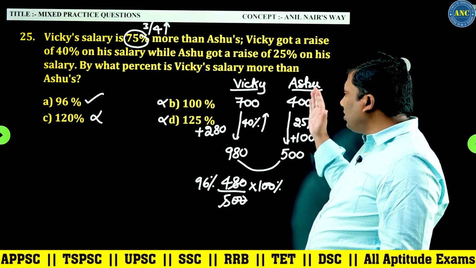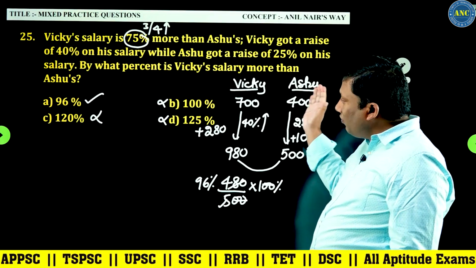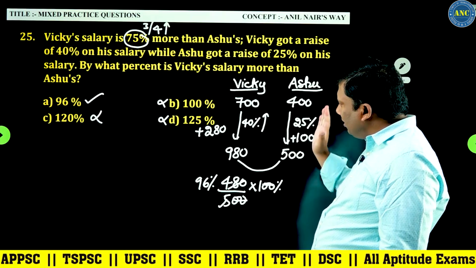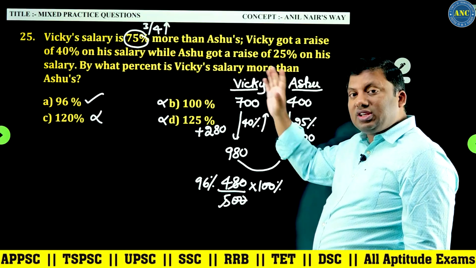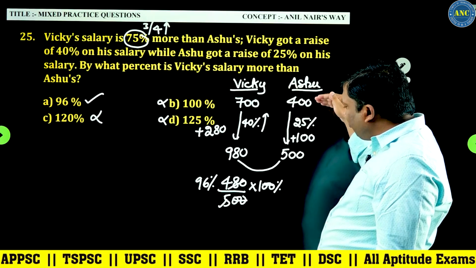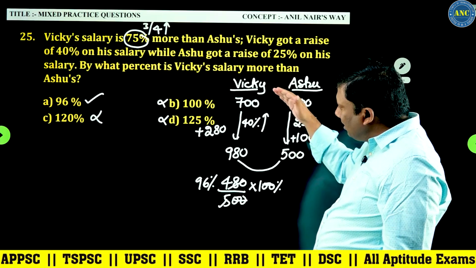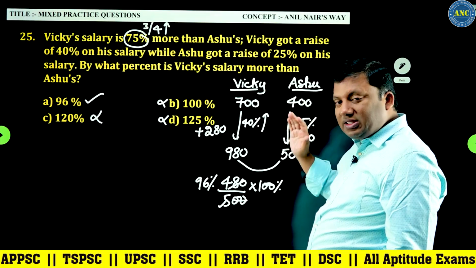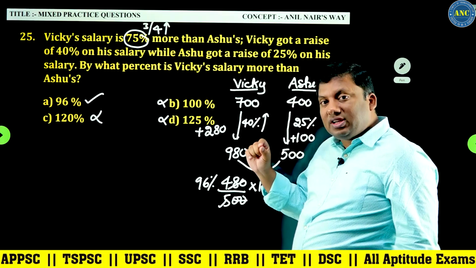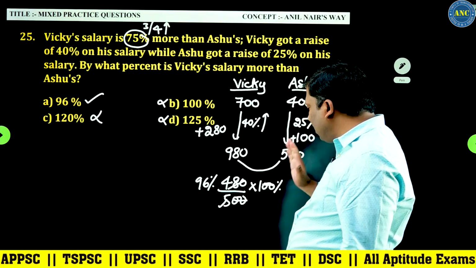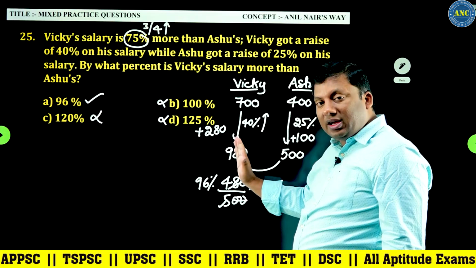Right? Ashu's salary is 400. Vicky's salary is 300 more than 400, because it is 3 by 4 more. Ashu 400, 25% increase, 100, 500. Vicky 700, 40% increase. 10% of 700 is 70, 40% is 280, so 700 becomes 980. 500 is becoming 980.